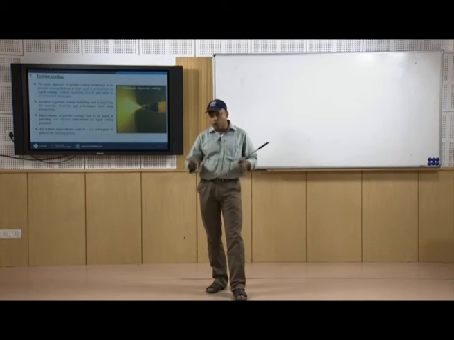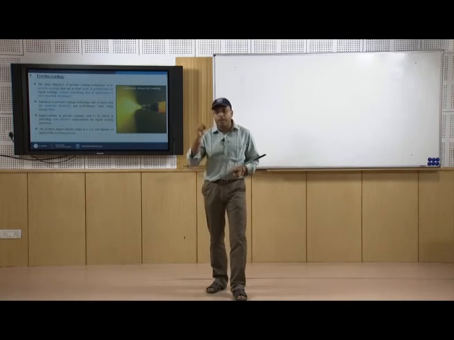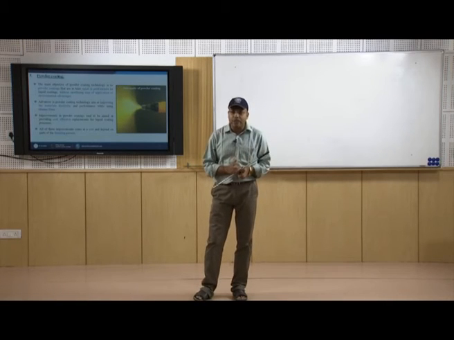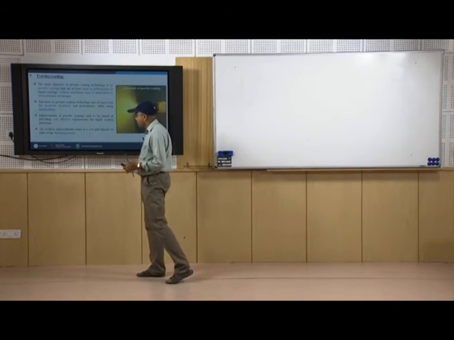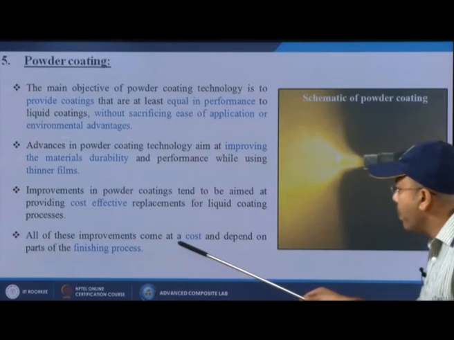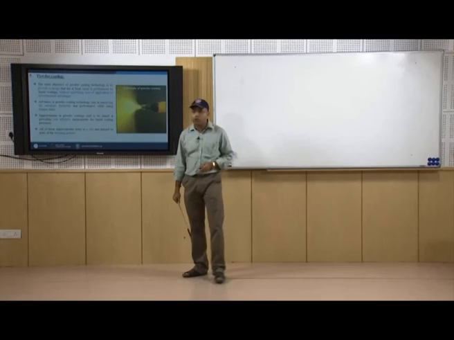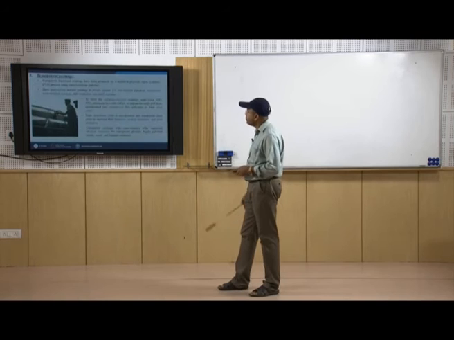So there are lots of problems that can occur. But if we use powder directly, the powder simply heats onto the substrate itself, so drying is easy and it can easily replace liquid painting. All of these improvements come at a cost and depend on parts of the finishing process. Also, the finishing process in this case is very easy.